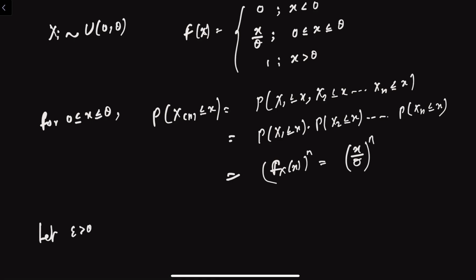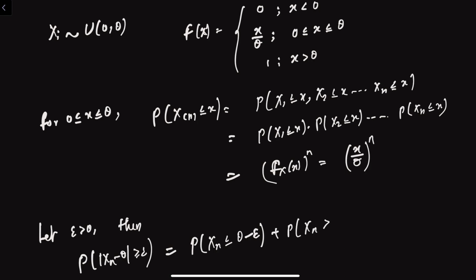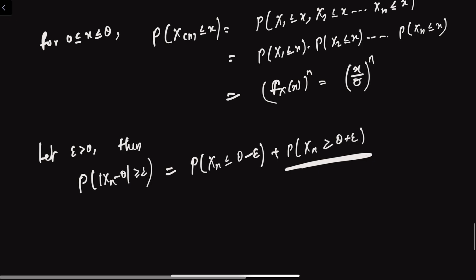So if I consider an epsilon greater than 0, then the probability of mod of Xn minus theta greater than or equal to epsilon is the probability of Xn less than or equal to theta minus epsilon plus the probability of Xn greater than or equal to theta plus epsilon. But we know that the second quantity is 0.